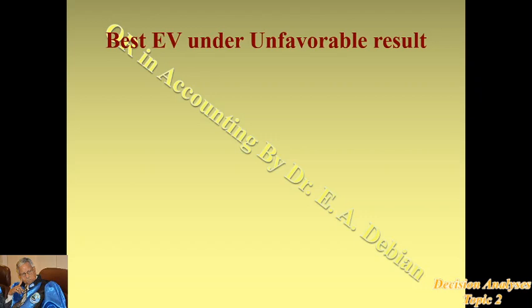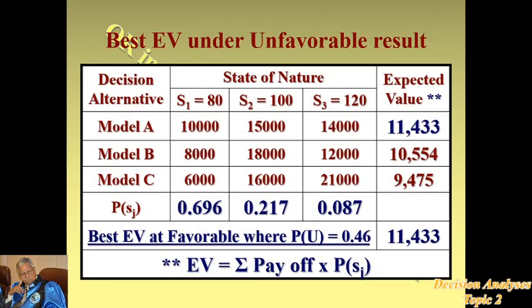Again, best expected value under unfavorable. We will use the posterior probabilities of unfavorable result, 0.696, 0.217, 0.087, times the payoffs.